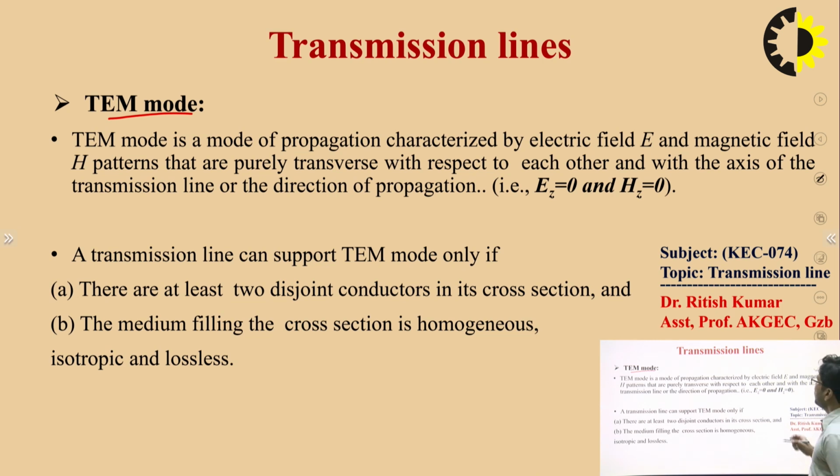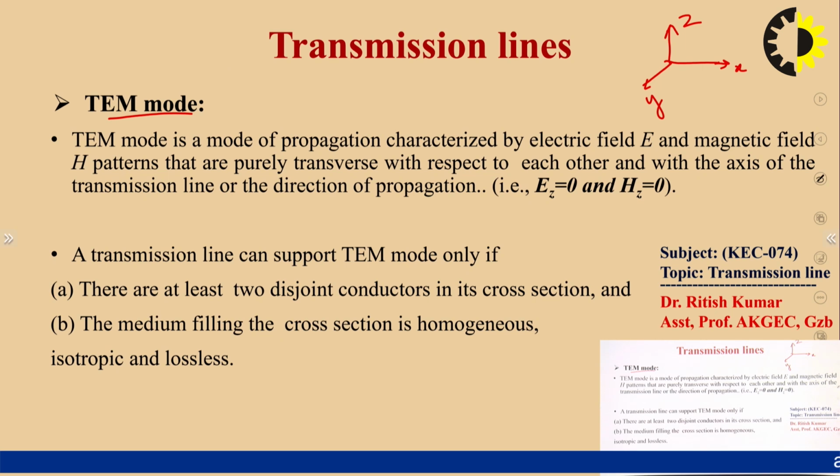if the wave propagates in the direction of, suppose we have a three-dimensional coordinate system x, y, z. This one, x, y, z. If I say the propagation is along the direction of z, then for the TEM mode, the condition must be that Ez should always be equal to 0, and Hz should always be equal to 0.